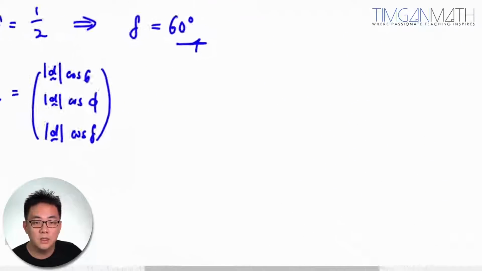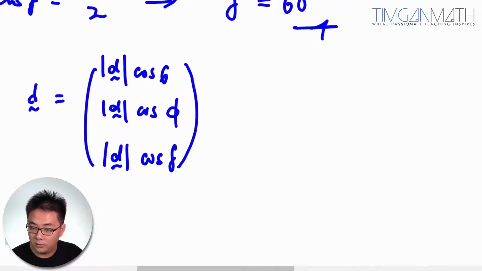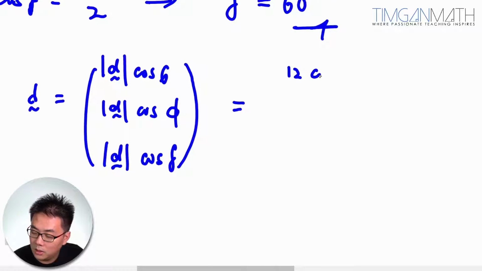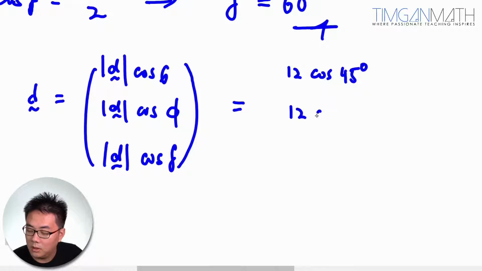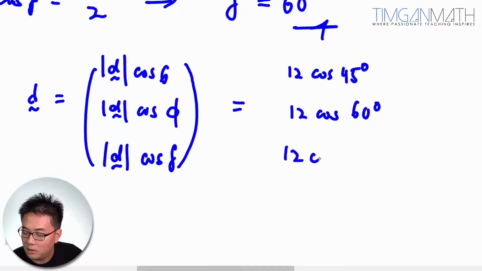So in other words, mod D is 12: 12 cosine 45, 12 cosine 60, 12 cosine 60.